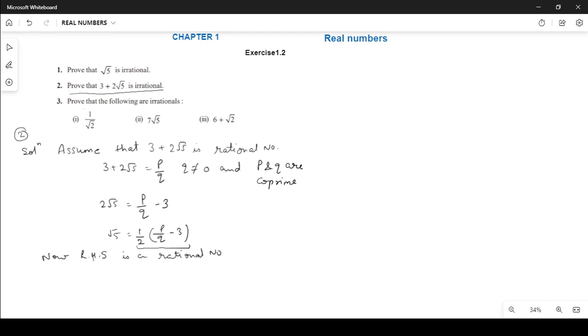And now check left hand side. लेफ्ट हैंड साइड में क्या है हमारे पास? अंडर रूट 5.